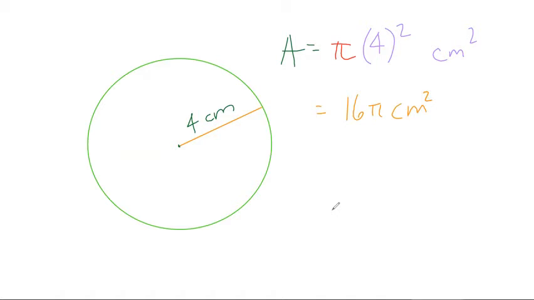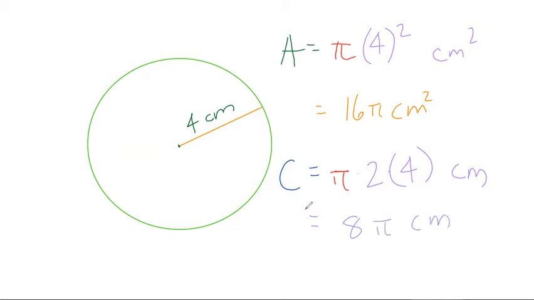Now, if we were trying to find the circumference of the circle, the circumference would equal 2 times pi times r. In other words, it's just 2 pi r, times the radius, which is 4 centimeters, which turns out to be 8 pi centimeters.